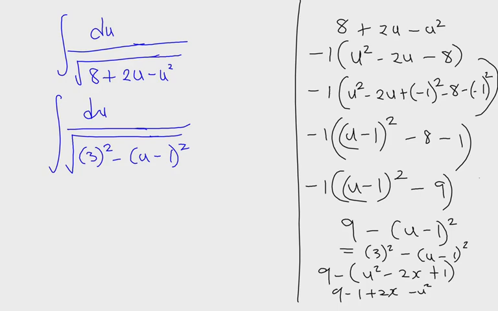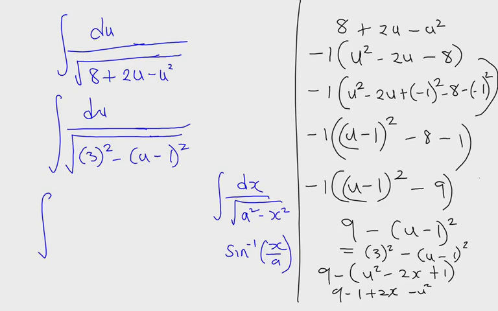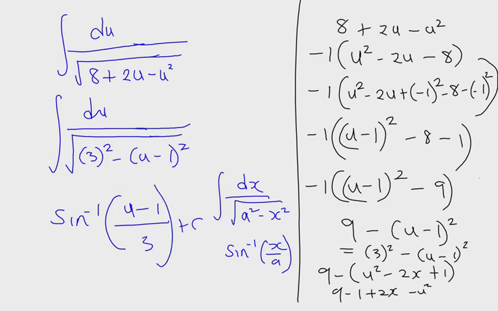If you compare it with the integral of dx all over the square root of a squared minus x squared, that will give us arc sine of x over a. So there will be no integral again, that will just be arc sine. Our x is now u minus 1, so u minus 1 all over a, which is 3, plus c.